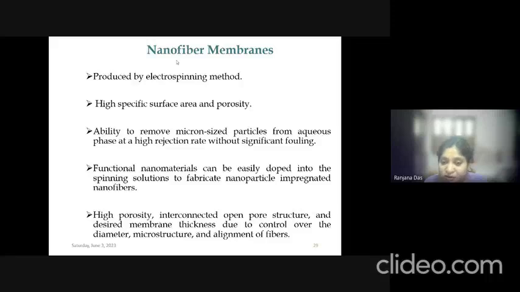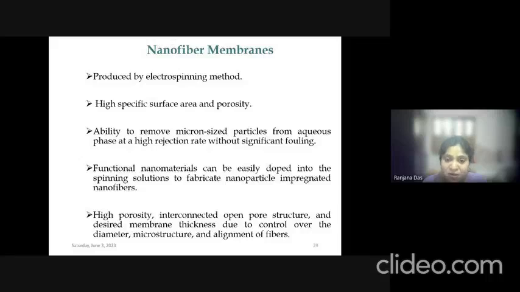Whenever the effluent passes through the membrane, it will reject the microplastic, and in the presence of UV light, it will act as a photocatalyst and also degrade the antibiotics. The persistent organic molecules can also be remediated or mineralized, and we get an environmentally friendly discharge. There lies the beauty of the nanofiber membrane.